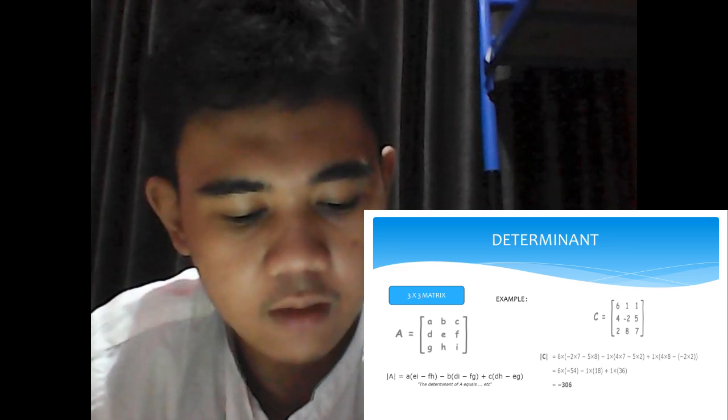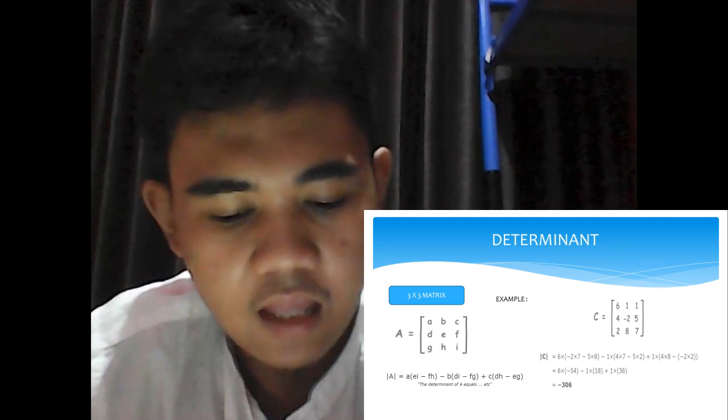Here is an example with the numbers 2, 2, and minus 2 in the middle, and for the determinant you can clearly see the result.